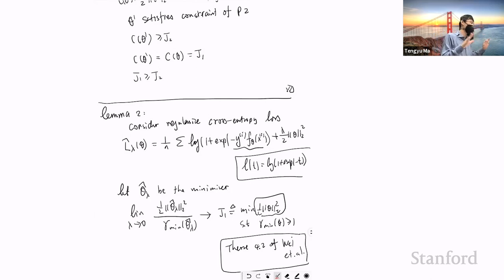I'm not a practitioner, I do a lot of theory, but when I do experiments, I've never seen that max margin solution is the best for a linear model. Somehow, when you use a very small lambda, you do get the max margin solution, but if you use a bigger lambda, sometimes it's a little better. So I think max margin solution in some sense is just a theoretic approximation of what people really do in practice.